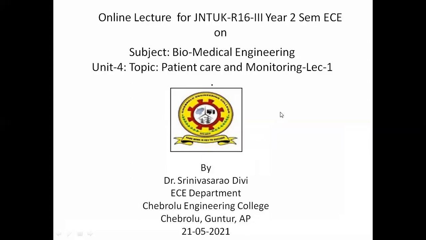In the previous lectures, we discussed measurements in the respiratory system, respiratory methods. Various types of instruments used to measure respiratory rate, air flows, and different respiratory therapy equipment were discussed in the last unit, that is unit 3.